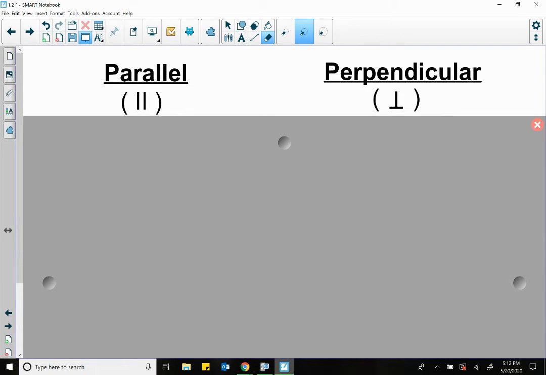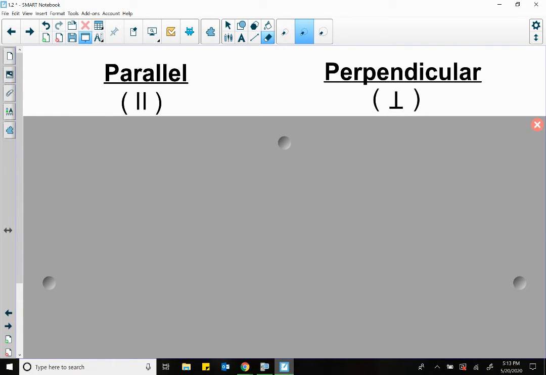So lots of those exist in our world. Without parallel lines, we would be living in fun houses, because parallel lines are really what make our buildings stand. Railroad tracks run on parallel lines. If we didn't have parallel lines, trains would never get anywhere and they would be crashing all the time.